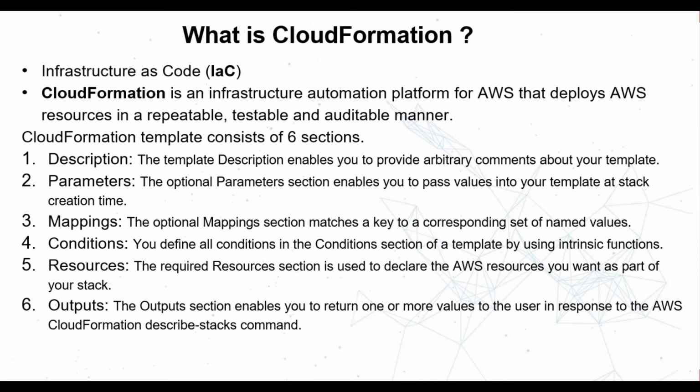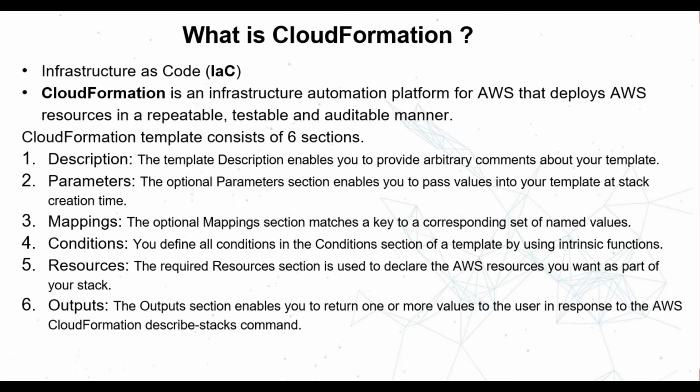Based on the result of the condition, you can conditionally create AWS resources. CloudFormation evaluates all the conditions in your template before creating any resources. Any resources that are associated with a true condition are created, and the resources that are associated with a false condition are ignored, you can say they are not deployed.